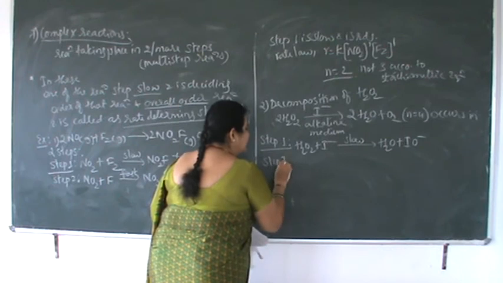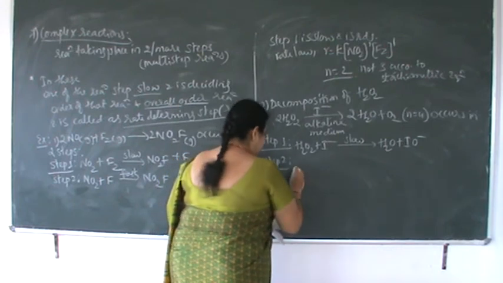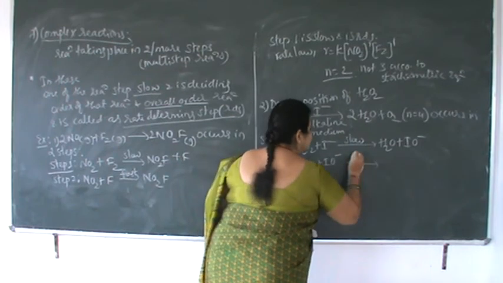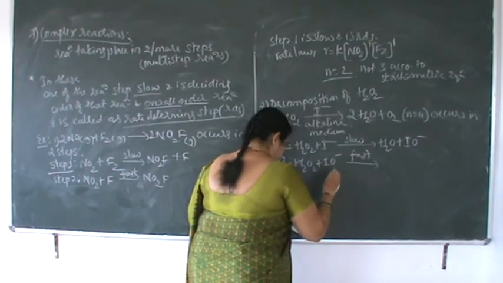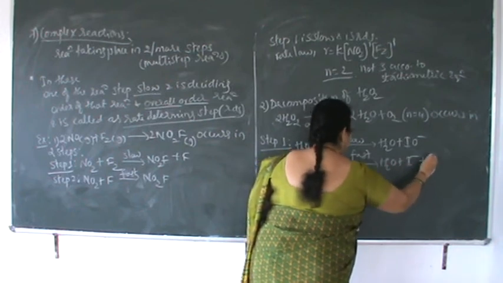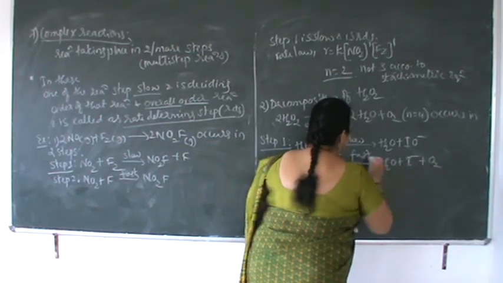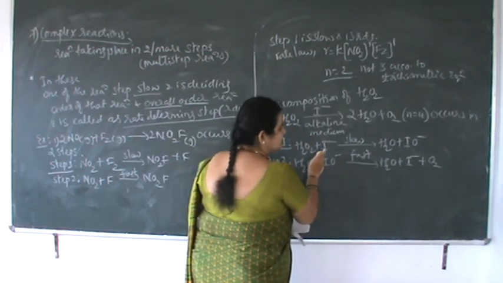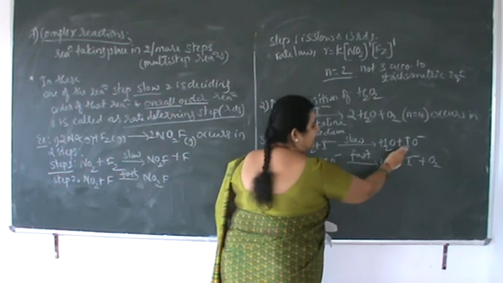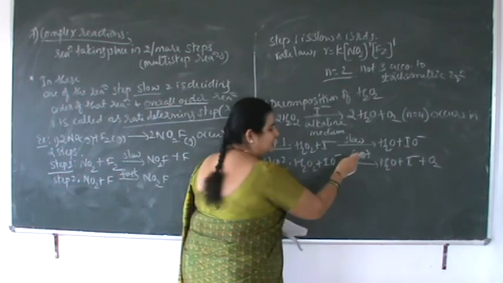Step number 2, H2O2 plus IO minus, this is a fast step, giving H2O plus I minus plus O2. So see here, I minus is formed here and here it will be cancelled. And IO minus here and here it will be cancelled.